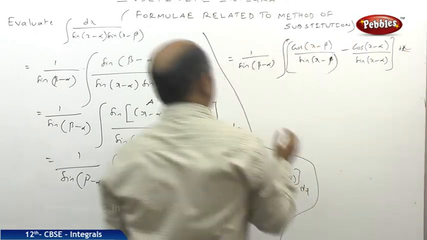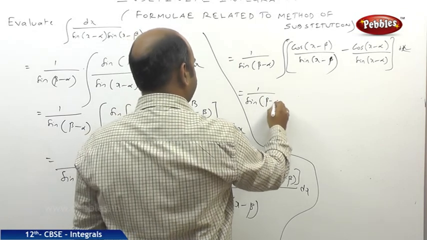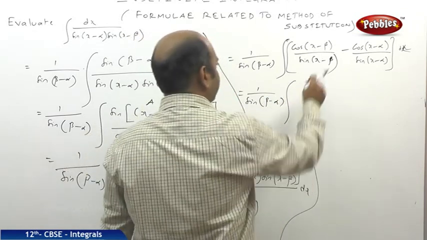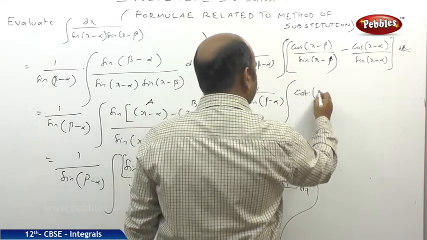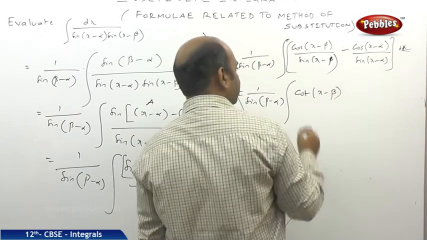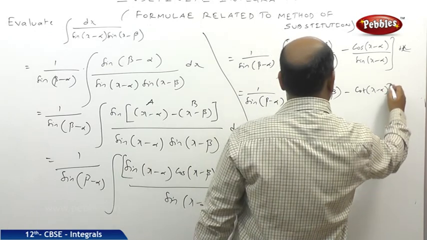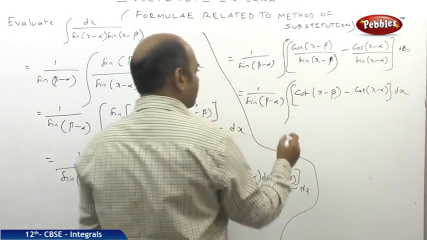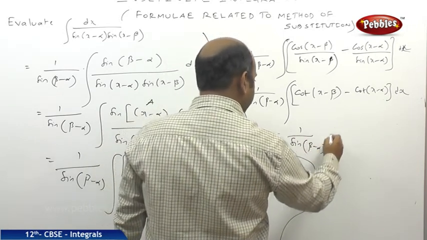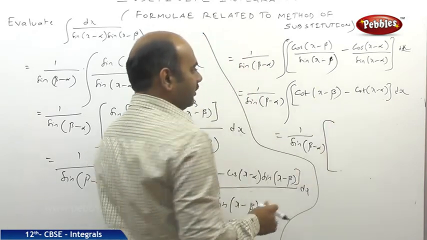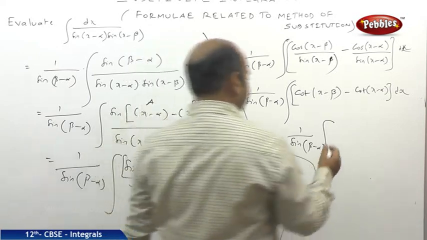Outside there will be dx. So finally 1 by sine of beta minus alpha into integral of cos by sine. Cos by sine means cot. So cot of x minus beta minus cot of x minus alpha dx. So 1 by sine of beta minus alpha into, individually, integral of cot x, which we just saw is nothing but log mod sin x.